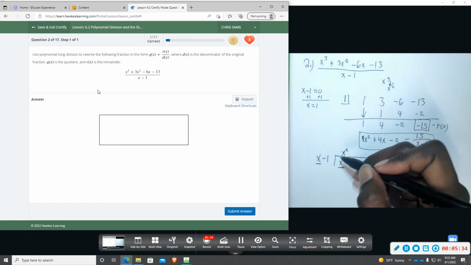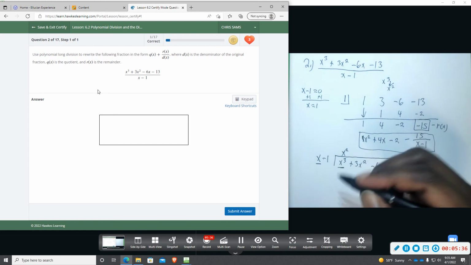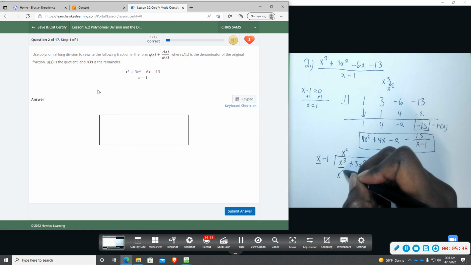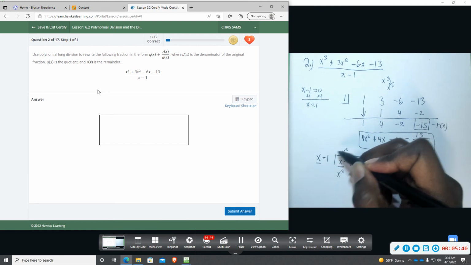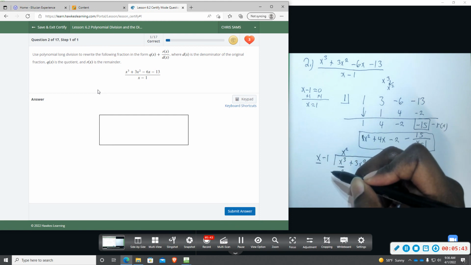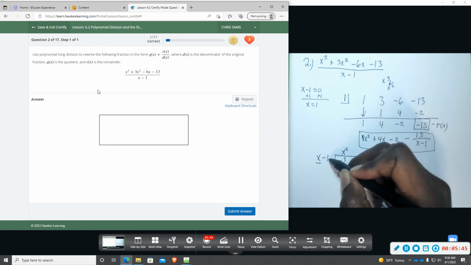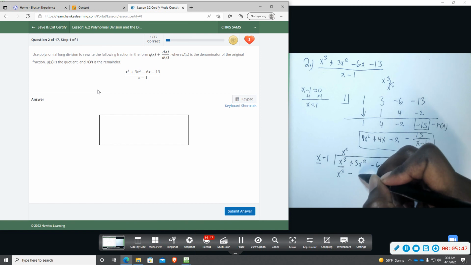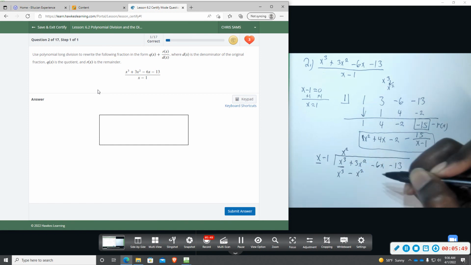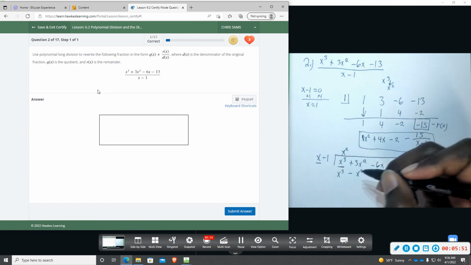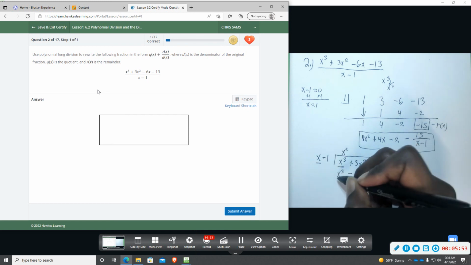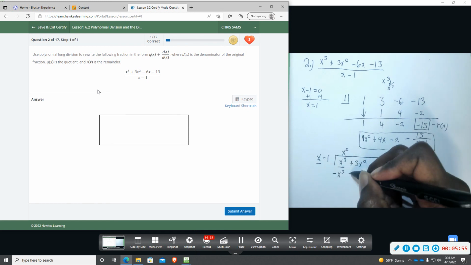Then when you do the multiplication, x squared times x, that will give you x to the third. And then you do x squared times -1. X squared times -1 will give us a negative x squared. And then from this step, you change the sign. So this will become negative, this will become positive.